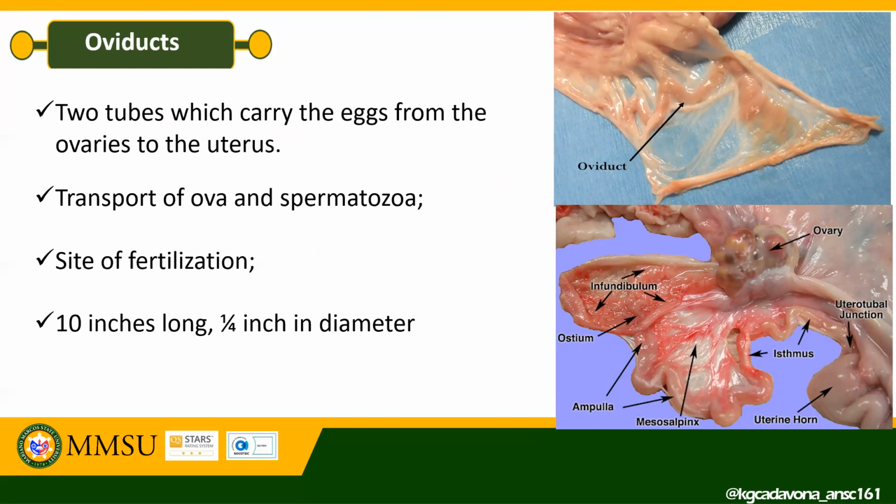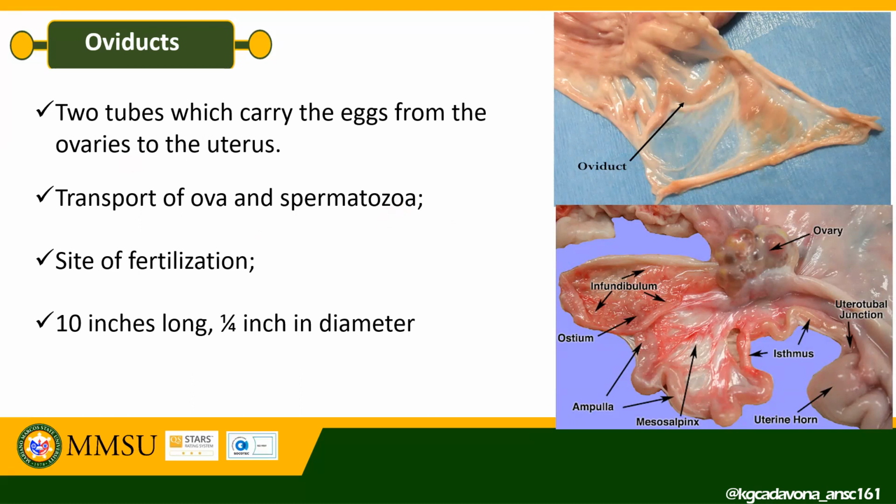Although if you try to dissect a reproductive system, these are definitely small and difficult to find in a reproductive tract specimen, but they play an important role in fertilization and transportation of sperm cells and oocytes, or the ova and spermatozoa, both before and after fertilization.